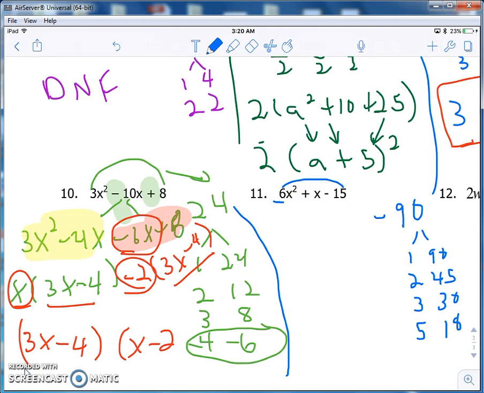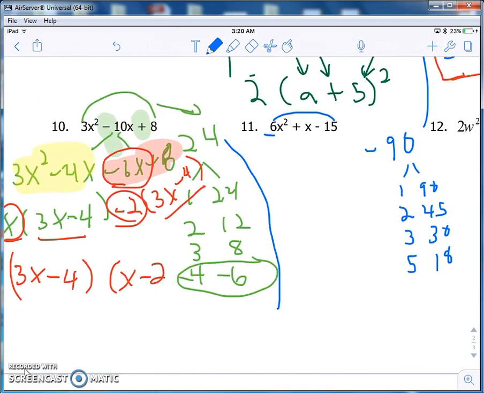And the last one is 9 and 10. I've kind of actually seen this before, or something close to it. So you might have known pretty quickly it was 9 and 10. That's fine. I just wanted to show you the full list.